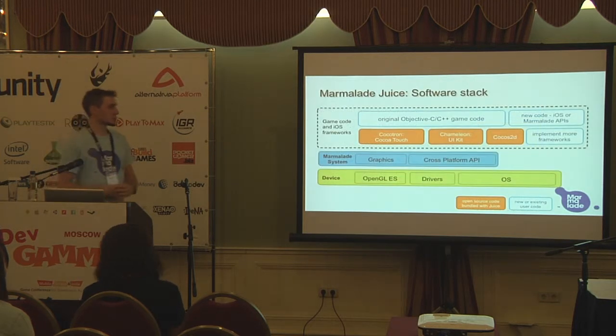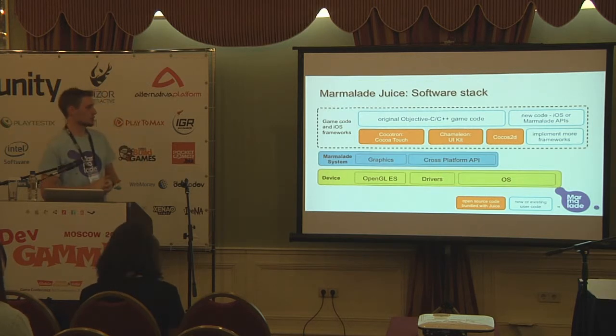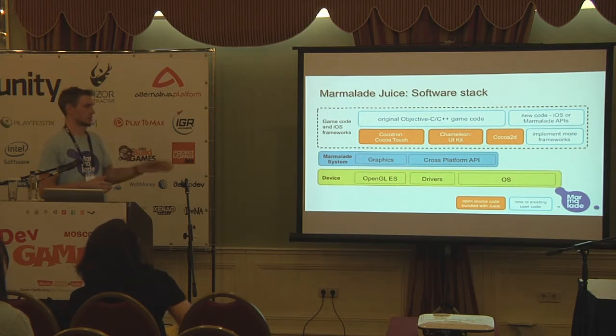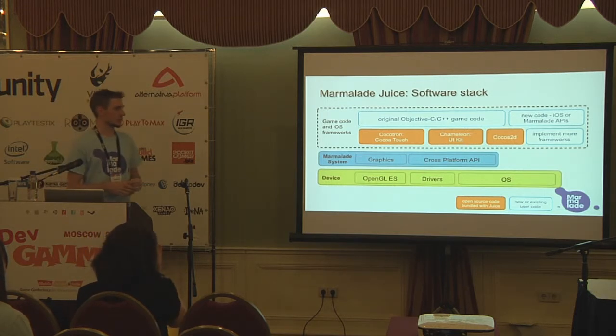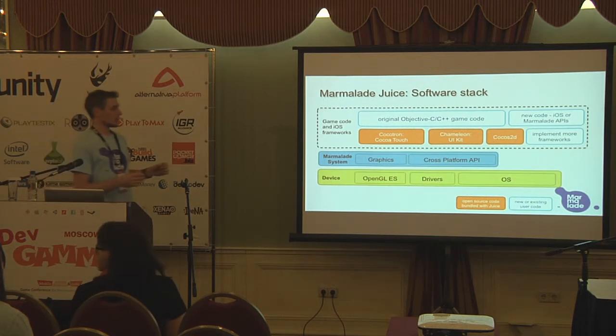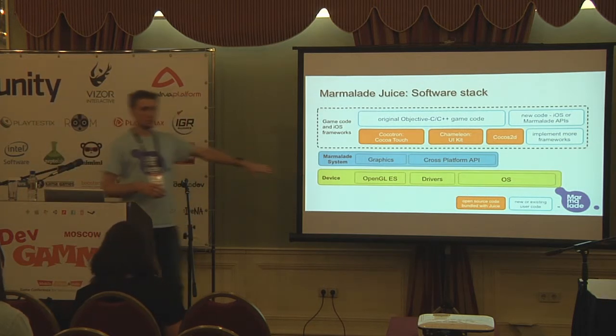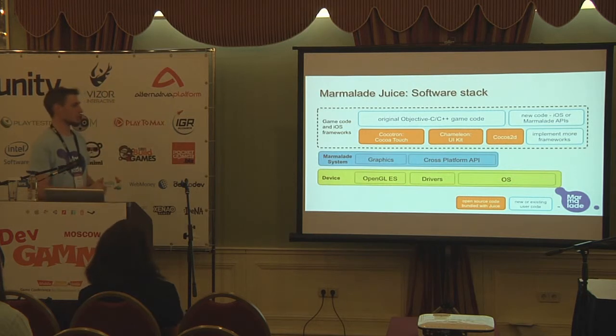This slide shows the software stack, which looks like a layered cake. Everything in programming, especially low-level programming that involves the operating system, looks like a layer cake. Here is the device. That's where developers normally start, with absolutely no tools and no frameworks. They can access OS functions, drivers, and OpenGL.